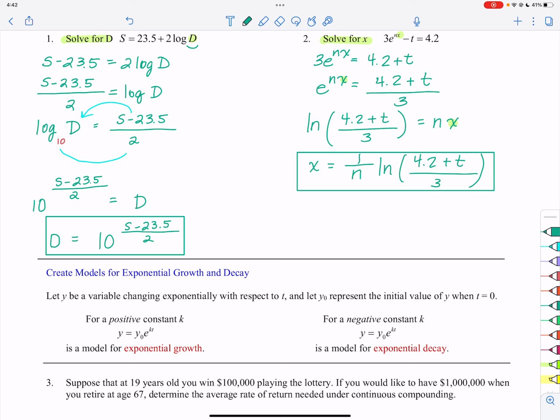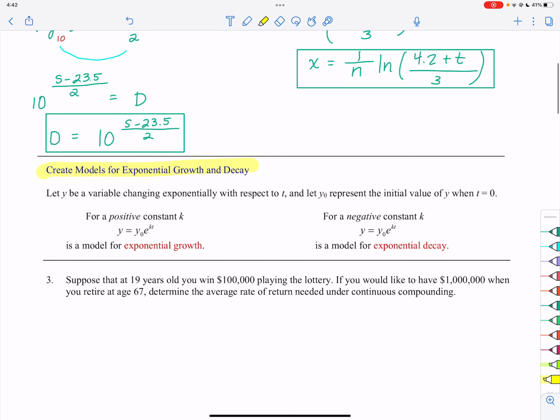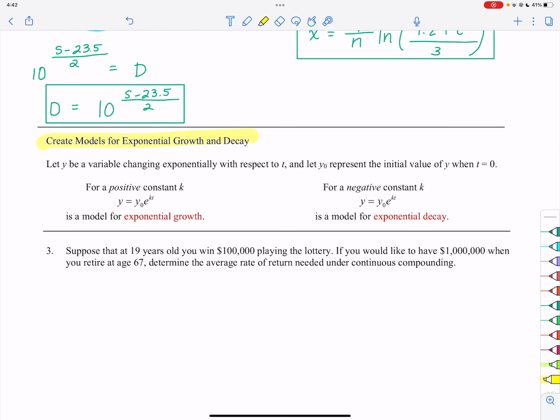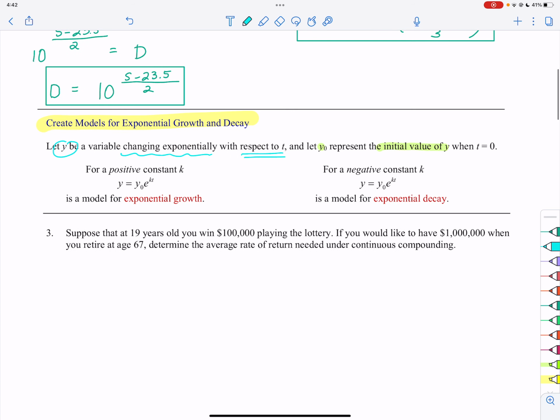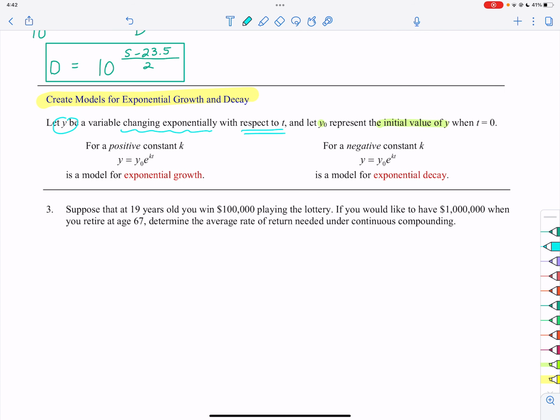Next we will look at models for exponential growth and decay, and we're actually going to be creating these models. So how are we going to do this? If we begin with an initial amount of y sub 0, and we have a variable y changing exponentially with respect to time t, how would we write this for a positive constant k or a negative constant k?